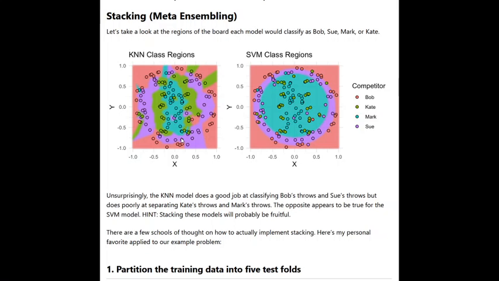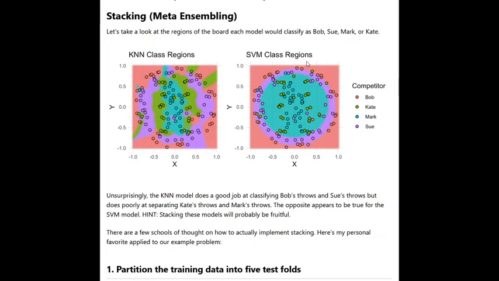And we can see the blues are more on the inside, which is Mark, and the pinks are on the sidelines, which is Bob, and the greens are also on the inside, which is Kate, and the purple is also somewhat in the middle, but the number of Sue's marks in the center is reasonably small, but on the outside, as you can see, the purples are way more outside than inside.